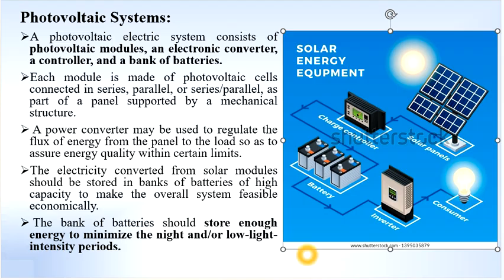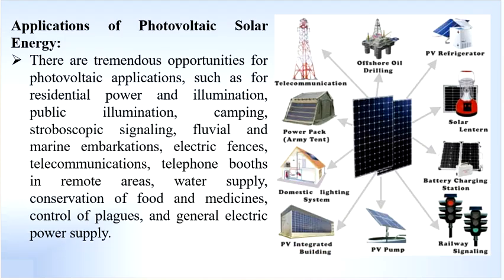We have several applications. We can use photovoltaic systems in telecommunication because it needs only a little power, which can be taken from solar panels. We can use solar energy in power packs present in army tents, because at the borders they may not have a grid connection.